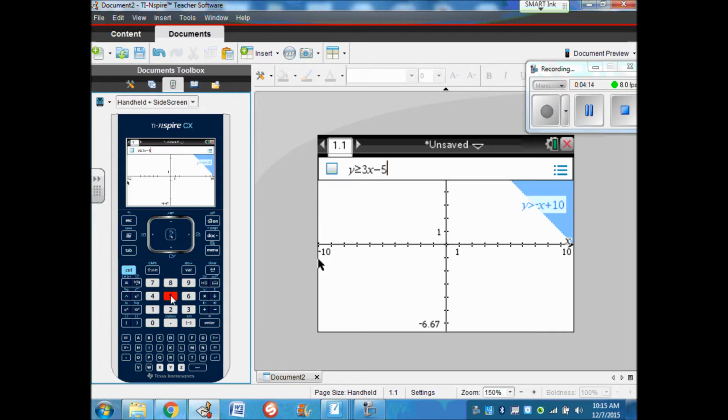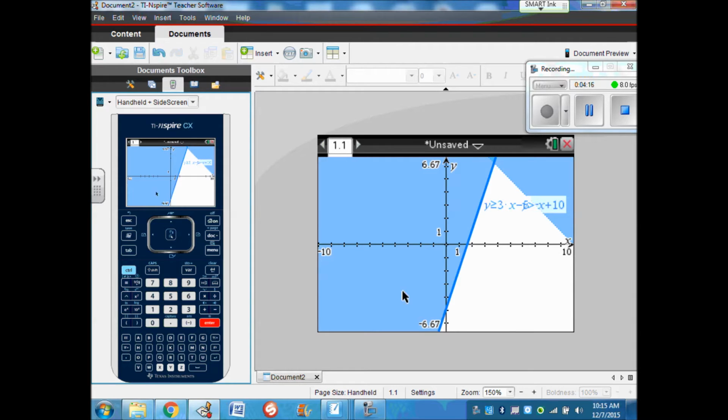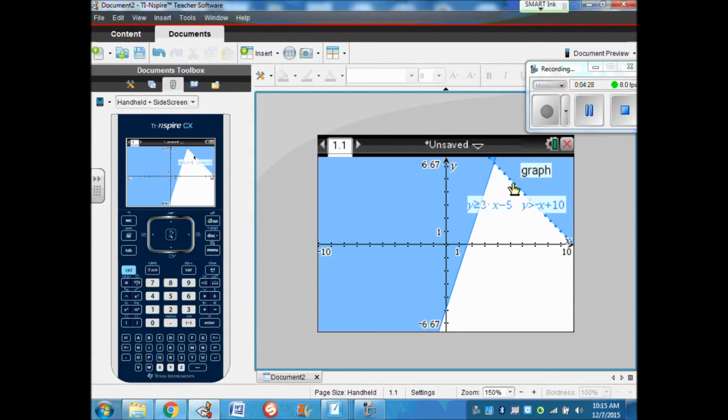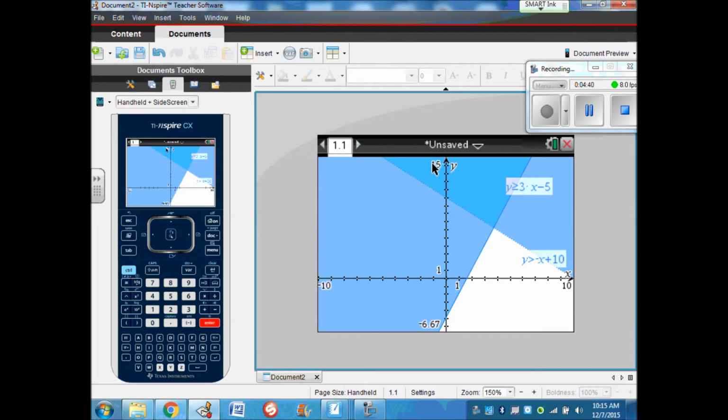Now when I hit enter, I can't see where those two are true. I can see where the second one is true, and I can see where the first one is true. But we've got to be able to see where they're both true, because that's going to be the solution. A couple of different ways: you can change this. We double click on that upper y value. You can make it 15, you can make it anything you want, just so you can see a little bit more of that graph.